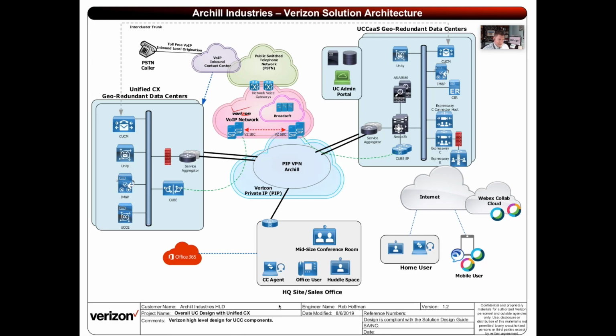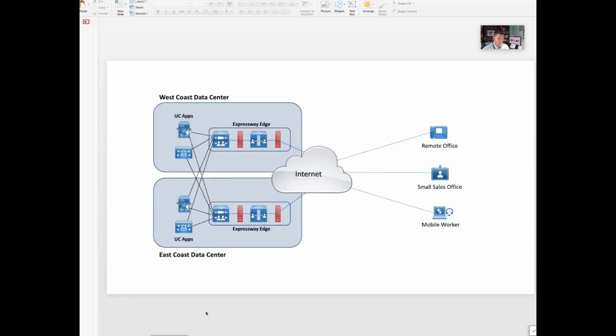So I'd like to take a minute and talk more about what enables that delivery of applications out to wherever they are. And that's what Cisco calls Expressway. And the functionality or the application that we're delivering here is called mobile remote access.